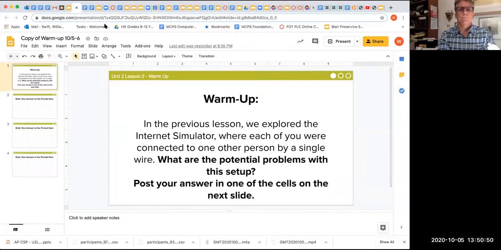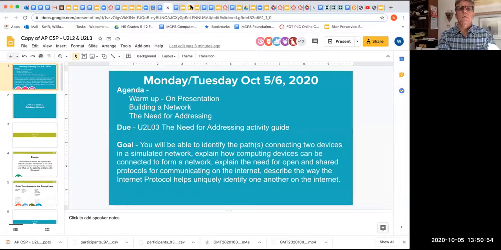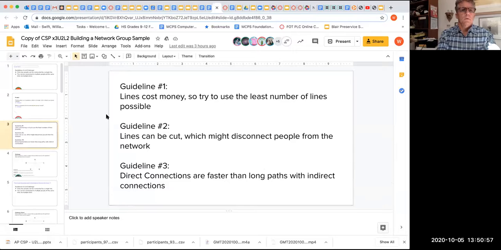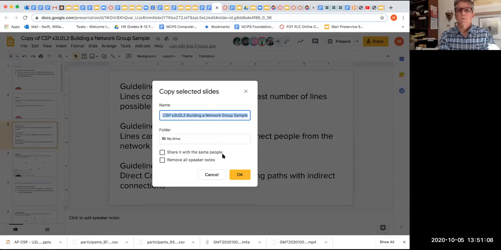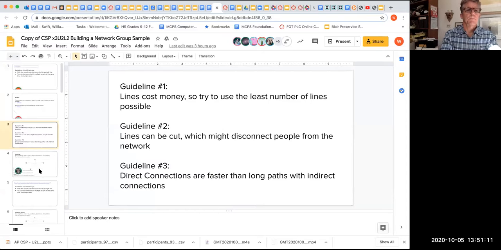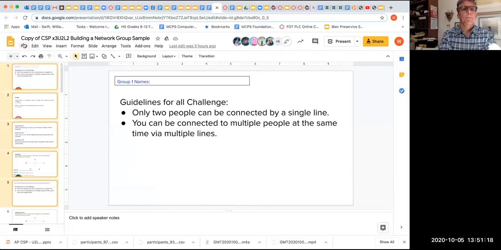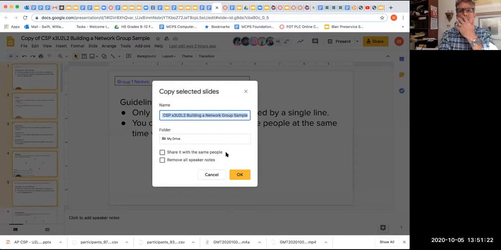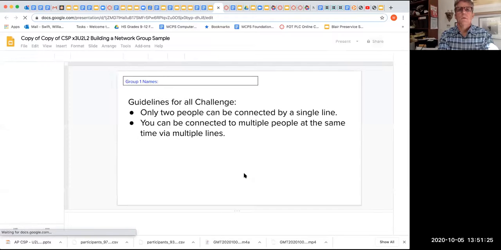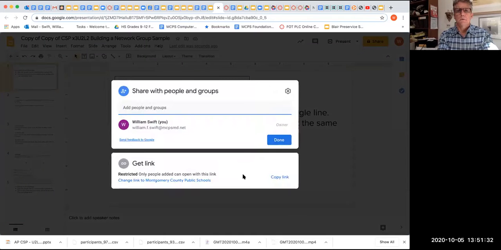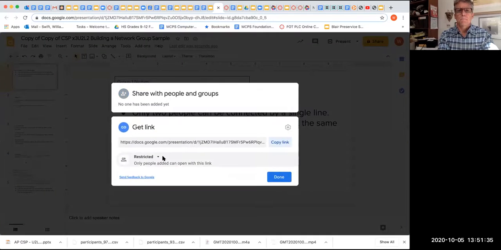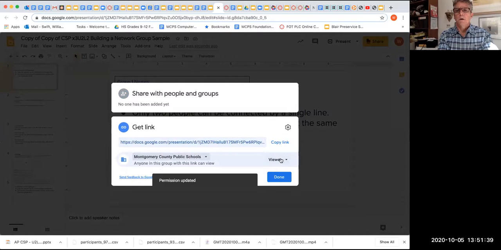Hang on. File, make a copy. Okay. Now we're making it Montgomery County.